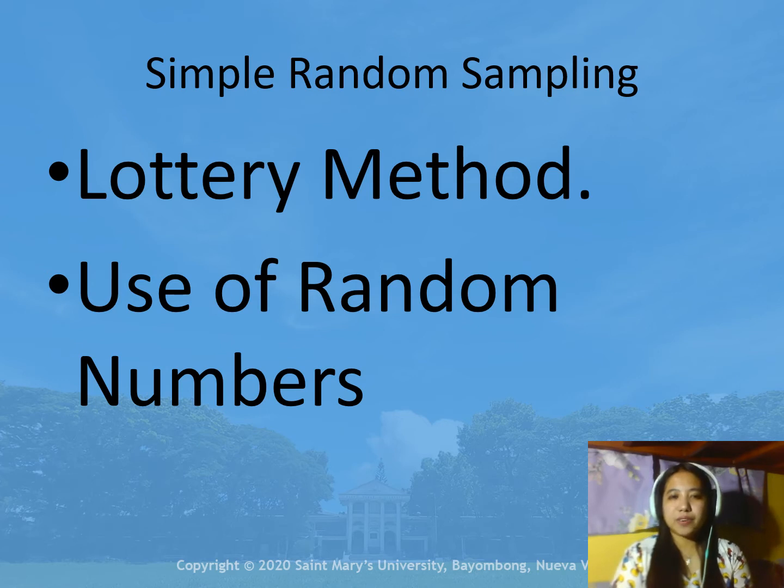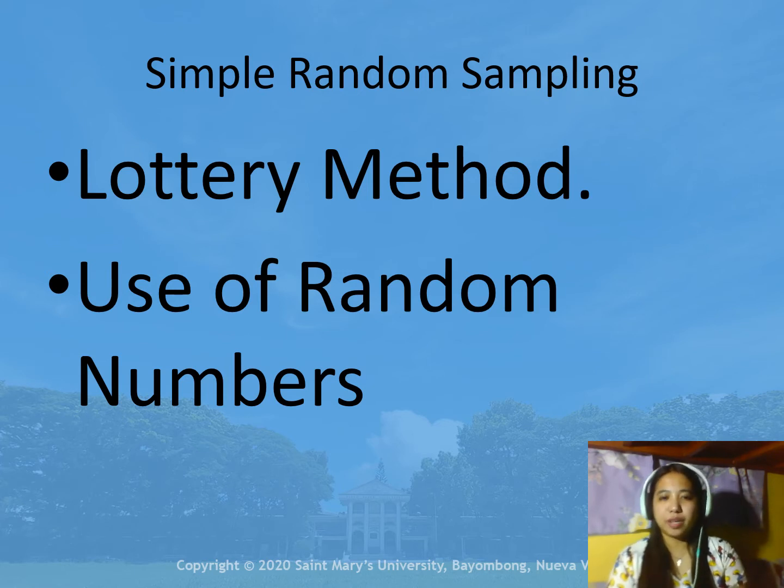Well, for the use of random numbers, we can either use calculators, or we can also use Microsoft Excel in generating random numbers. What you need to do in using the random numbers is to assign numbers to the members of the population so that when you come up with this number, then you know who will be the representative. In using random numbers, you can set a rule, especially if you obtain a number using a calculator.